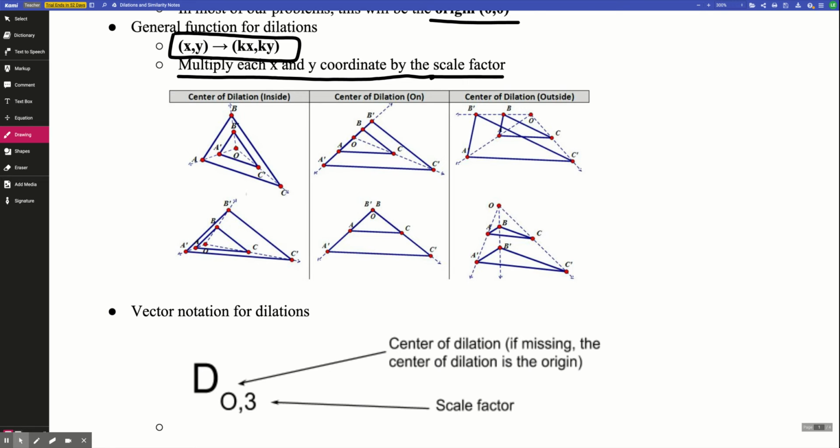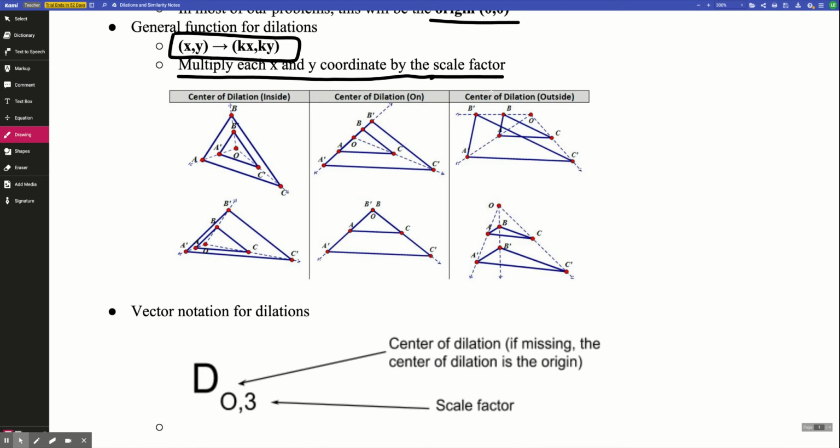Like I said, most of the time our center of dilation will be the origin. Sometimes, if the origin is inside the shape, like you can see here on the left, then the shape is going to grow and shrink around the origin.